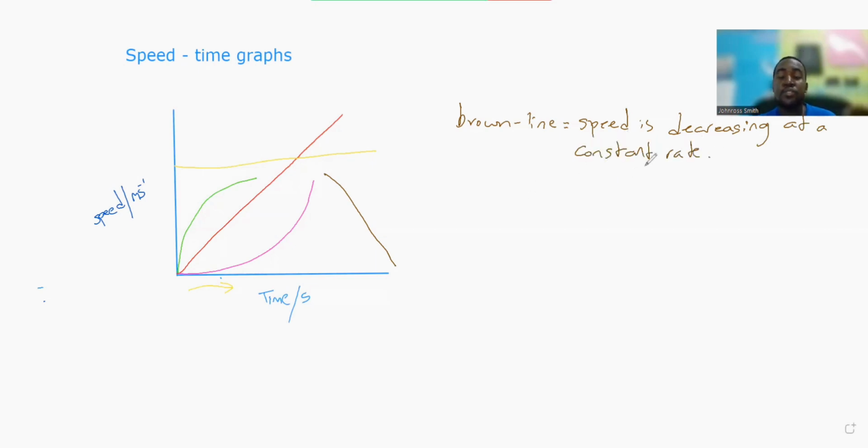All right, so because it's a straight line, it's a constant rate of decrease. Now the opposite would be for the red line, because the red line now is going up instead of down. So that tells us that speed is increasing, and it's a straight line, so it's at a constant rate.